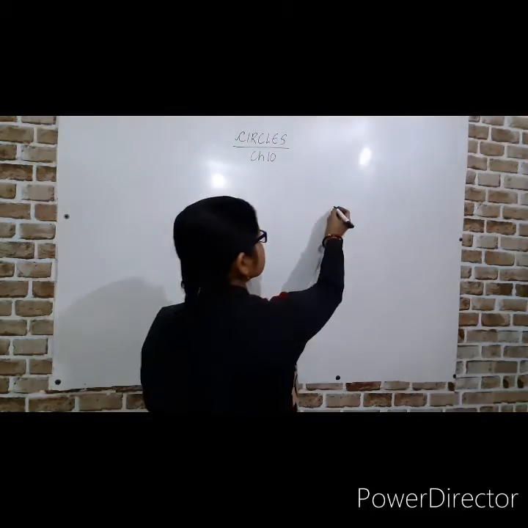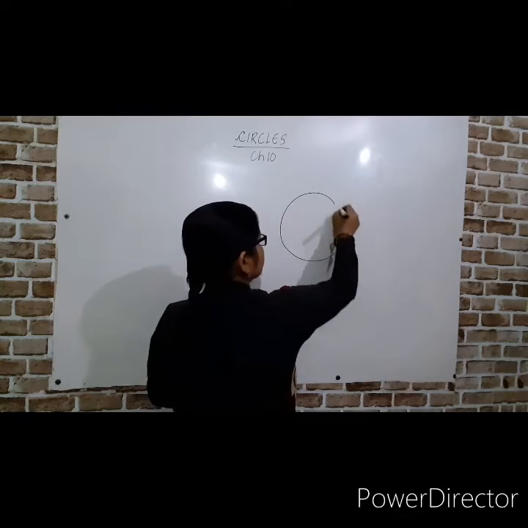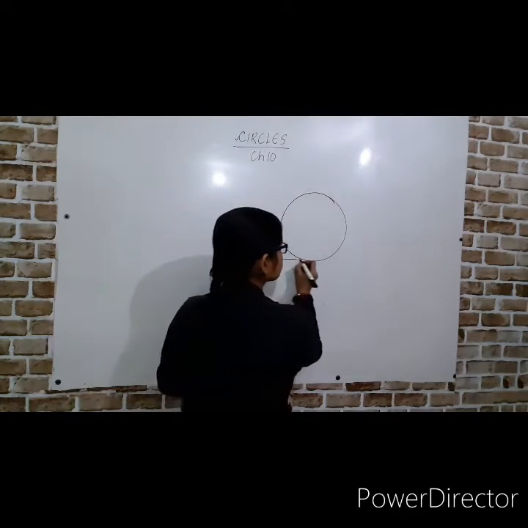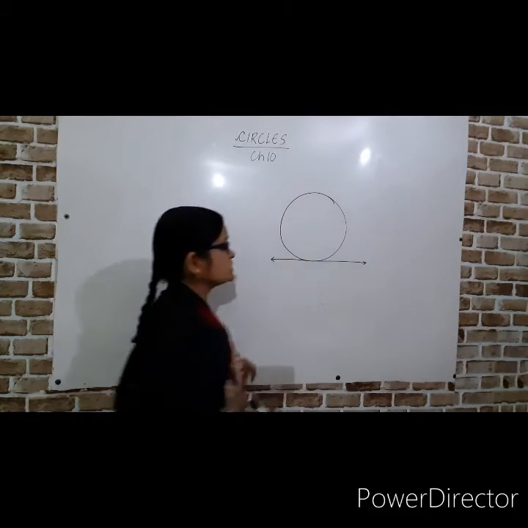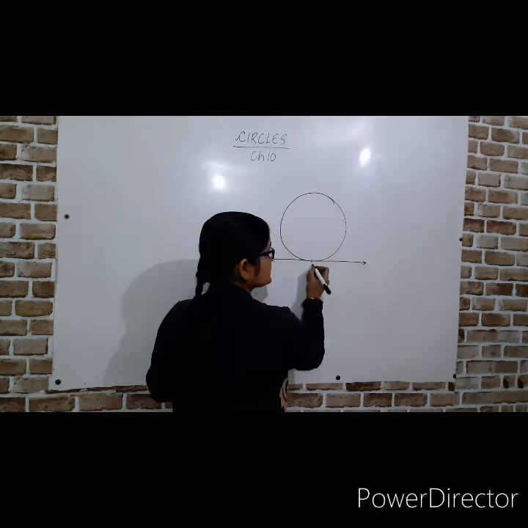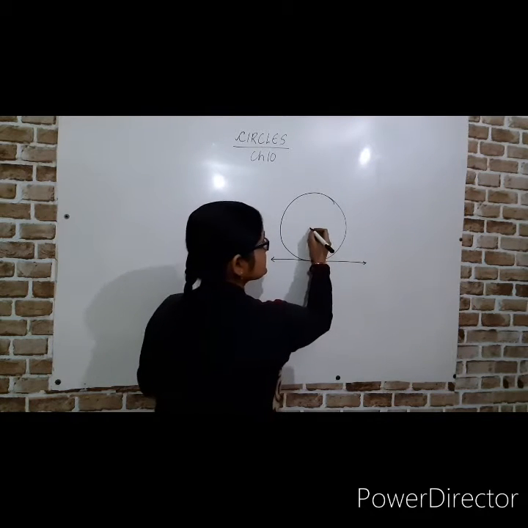First is, again I am taking one circle, one tangent is drawn, and on this tangent, this is the point of contact.